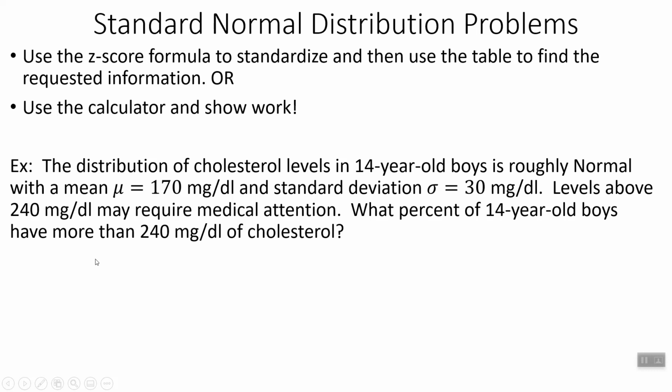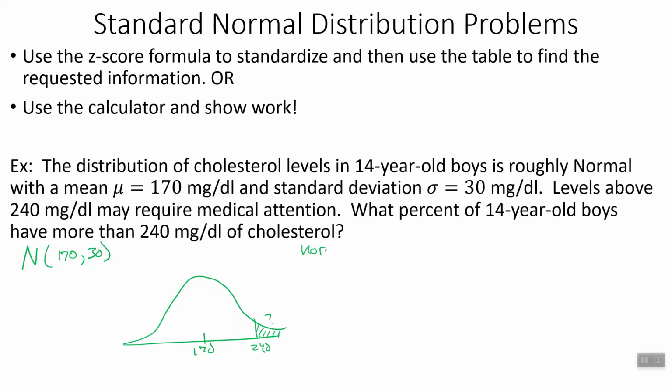What percent of 14-year-old boys have more than 240 in their cholesterol score? So we've got a normal distribution, 170 and 30. We want the probability of being above 240. We can draw our curve, 170, 240, and we want to know that area.